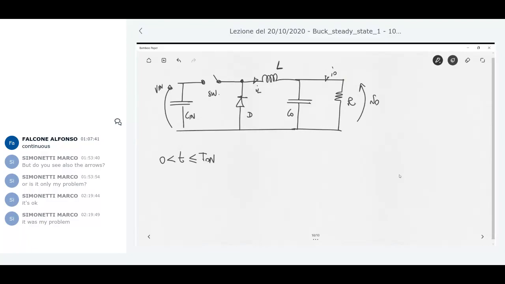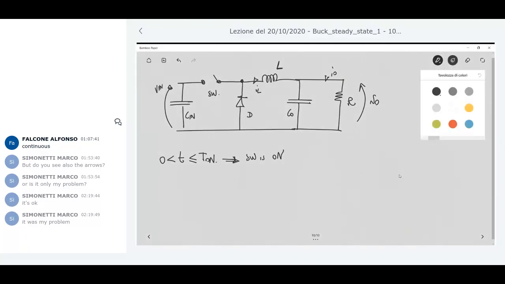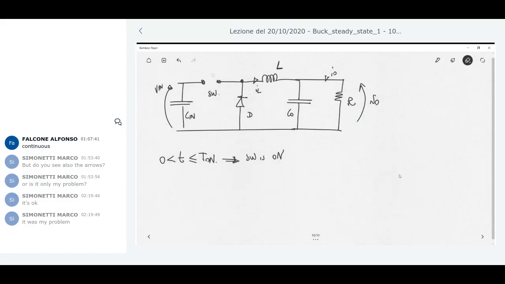Okay, during T on, what happens? During T on, the switch is on. So the switch is closed.